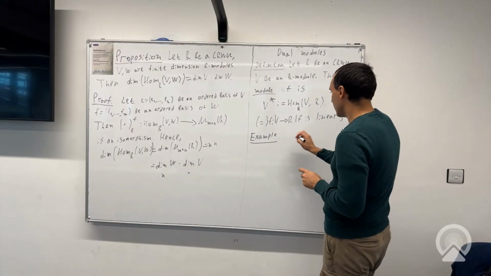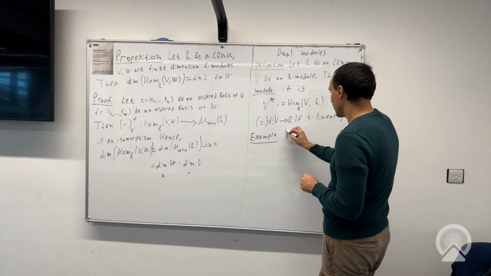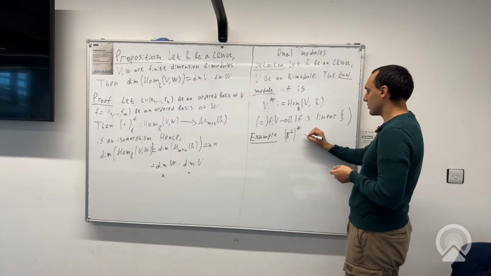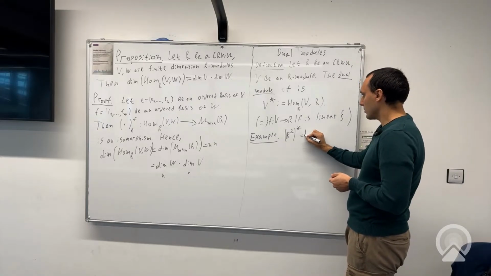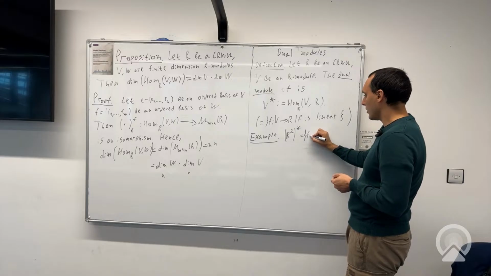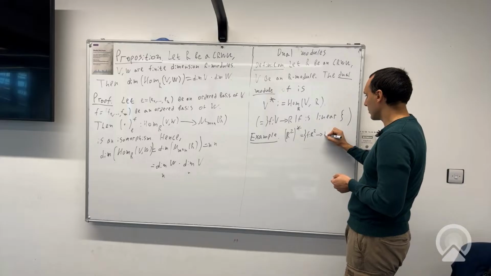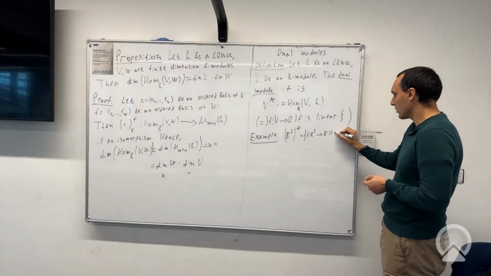So for instance, the dual space of R squared, any dimension will work, but let's fix R squared, is the space of F from R2 to R, where F is linear.